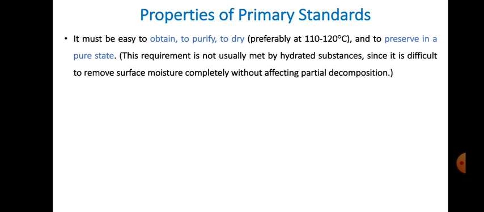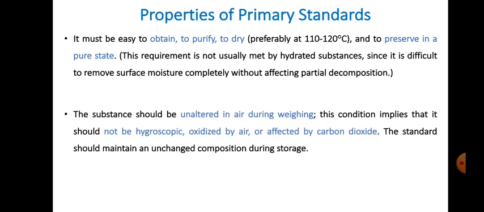So those kinds of substances we cannot consider as a primary standard, because they do not fulfill these conditions. It is difficult to remove the surface moisture completely from such hydrated substances without causing partial decomposition. So this is the first requirement of a primary standard: it should be easy to obtain, easy to purify, easy to dry, and we should be able to preserve it in a pure state.